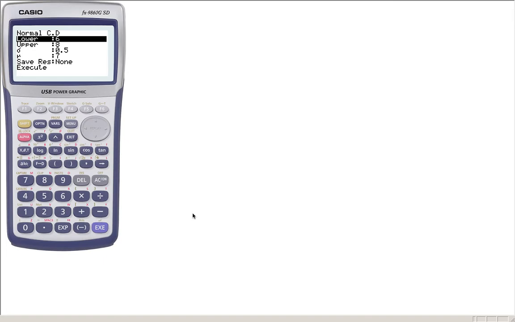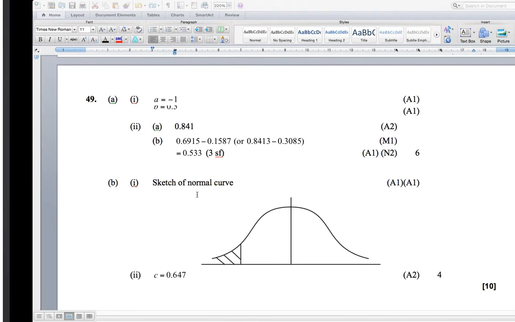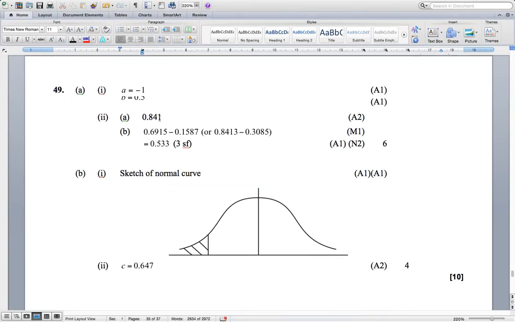So that means the lower limit is 0.7 and upper limit will be, let's say, 10,000, and sigma is 0.06 and mu is 0.76. So the answer is 0.841. The probability is 0.841.